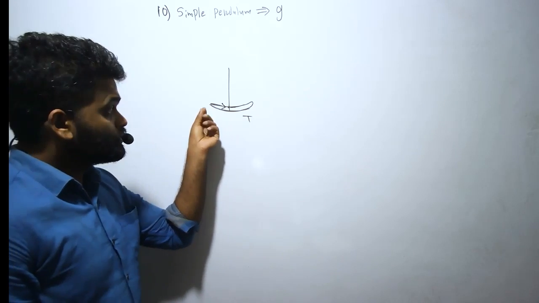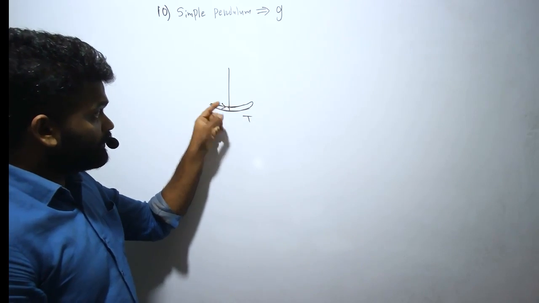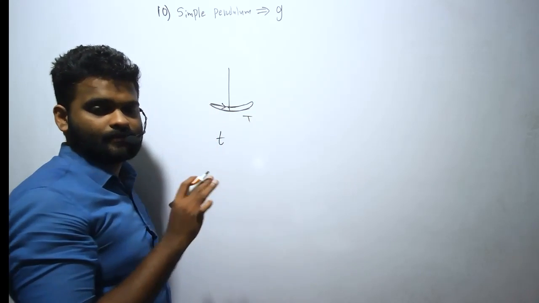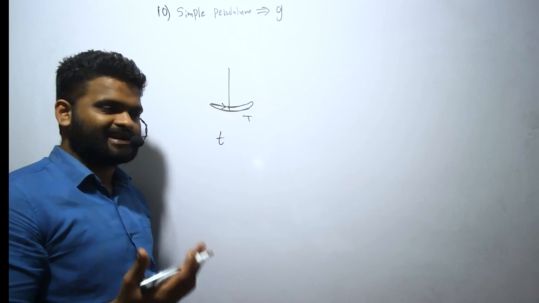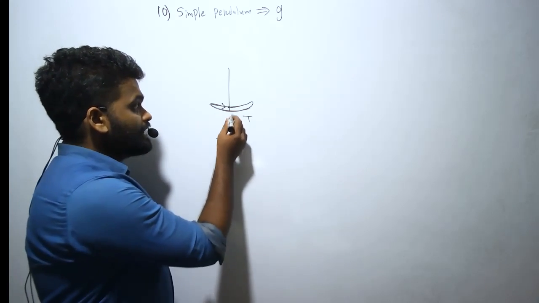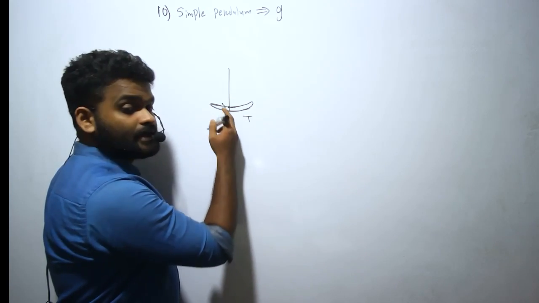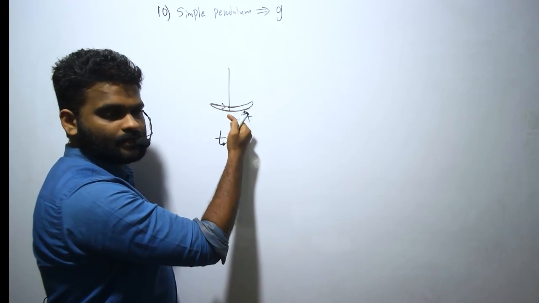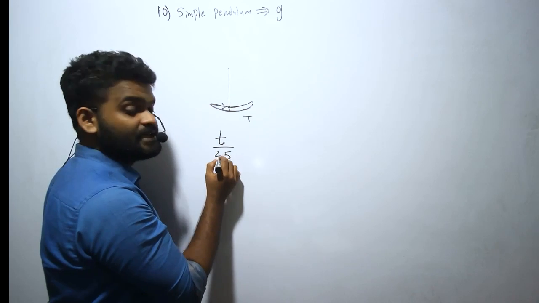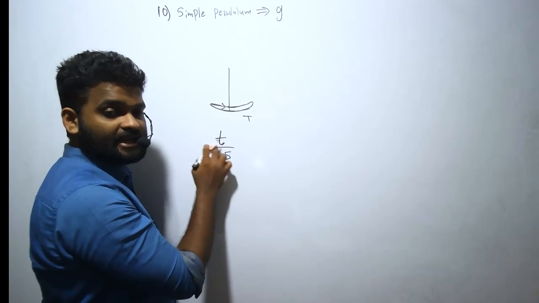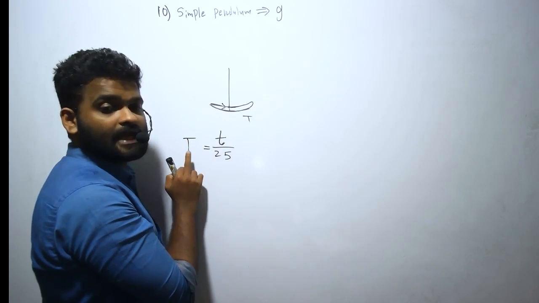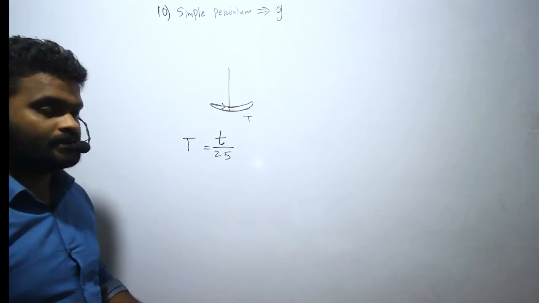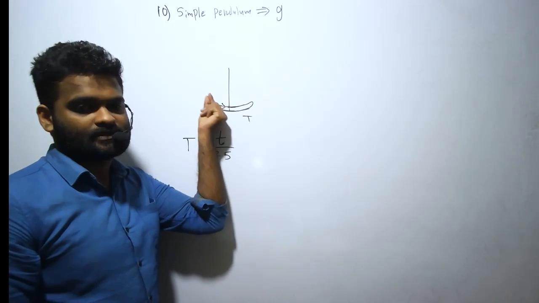So what do we do? We measure the time for 25 oscillations. It doesn't have to be exactly 25, but the recommended amount is 25. You wait till it makes 25 oscillations, then divide that time by 25 in order to find the time period. So this is somewhat more accurate than thinking about one oscillation.